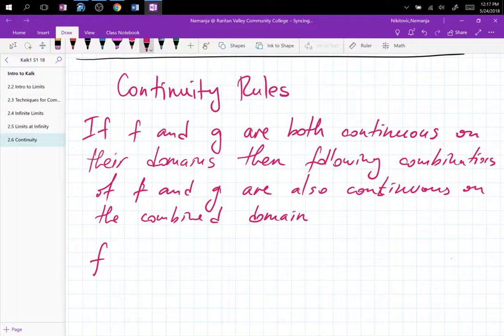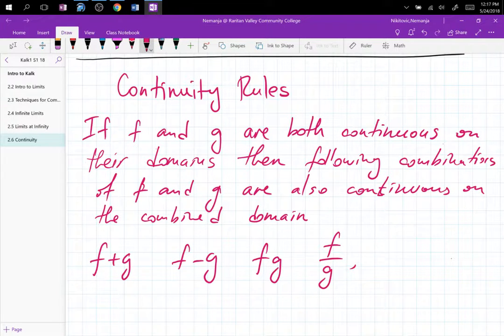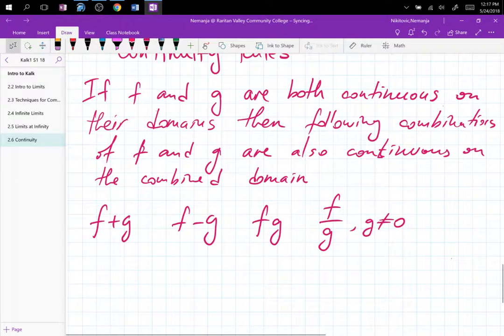We have f plus g, f minus g, f times g, f divided by g, with g not being 0, f to the n. There we go. So 5 properties.